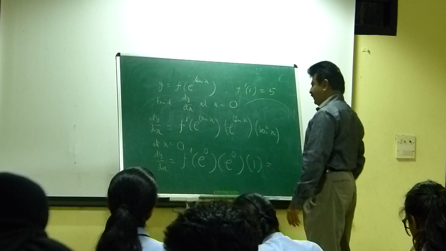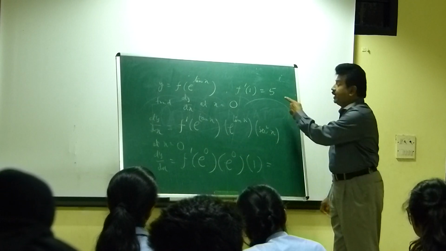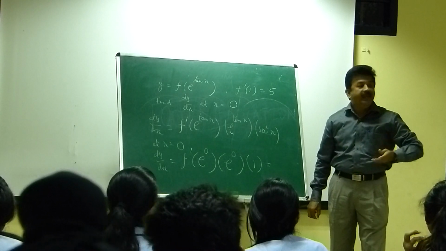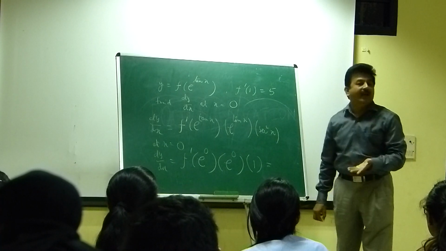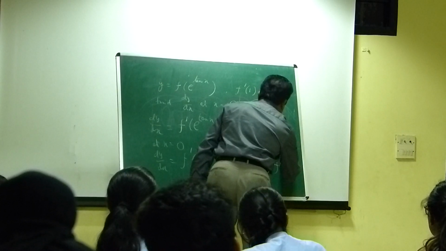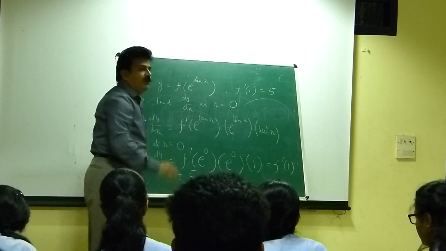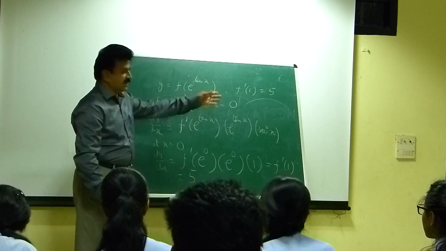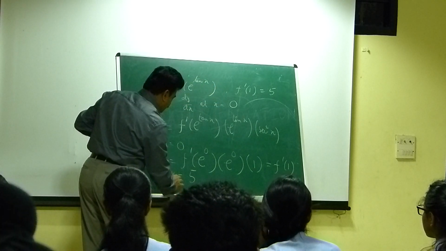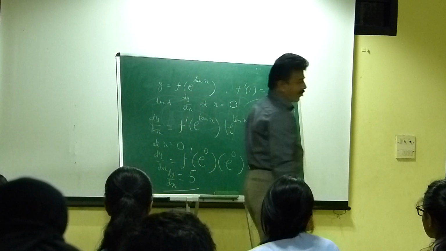So what do I get? 5, e raised to 0 is 1, this is 1. Now you understand why they have given f dash of 1 and not f dash of 0. So you say f dash of 1 is 5, because it is linear. So dy by dx is also 5 when x is equal to 0.